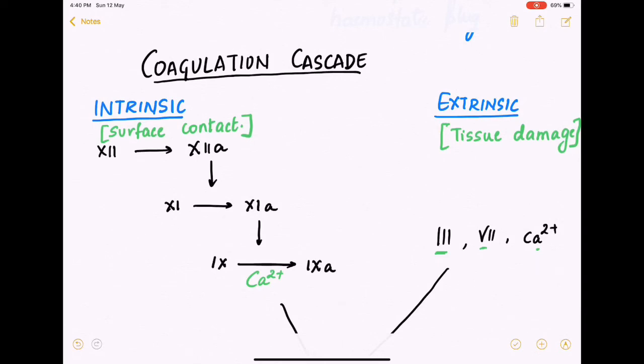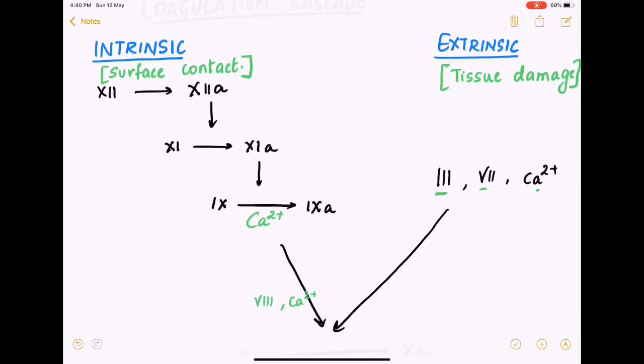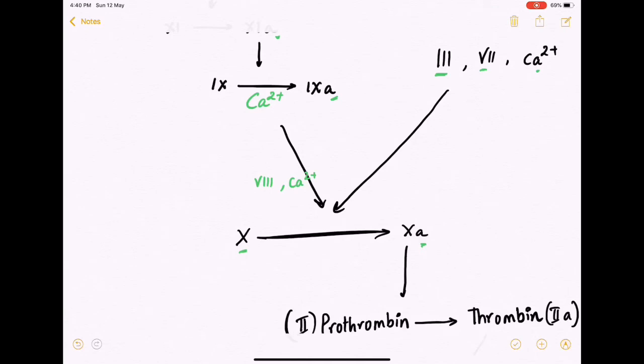So once there is contact with a negatively charged surface, there is activation of factor 12. The activated factor 12 is going to activate factor 11, and then factor 9 is activated in the presence of calcium. And now this activated factor 9, along with factor 8 and calcium, is going to activate factor 10.